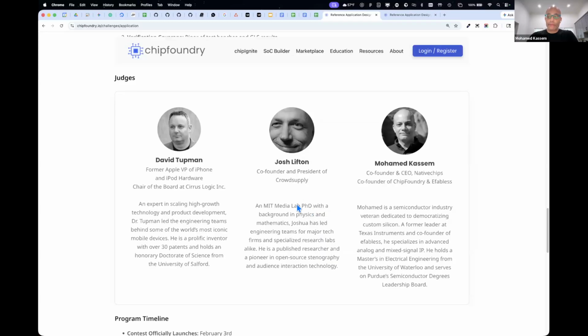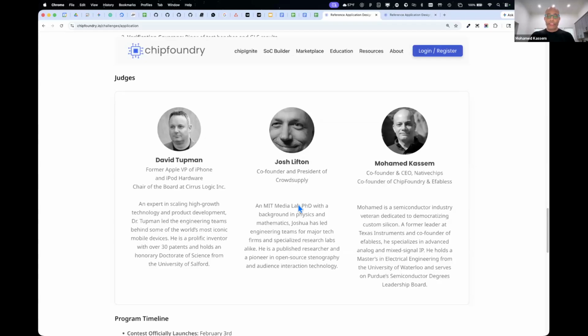And he's looking at things in the open source hardware at full scale. And then we're also joined by David Topman, who was part of the Apple hardware team around the iPods back in the day, and he's the chairman of Cirrus Logic at this point.